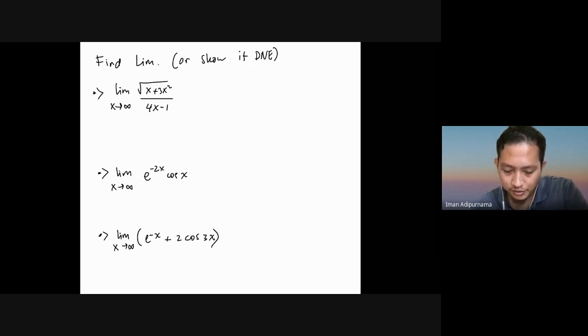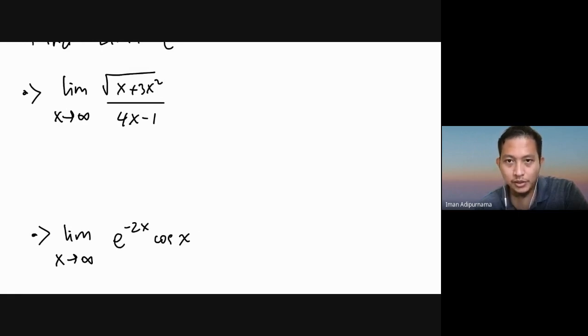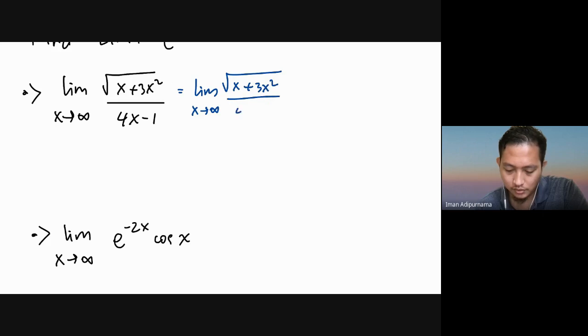Okay, let me show you the number one here. You can try the number two. So number one, we can multiply with 1/x. Let me write down here. Multiply with 1/x.